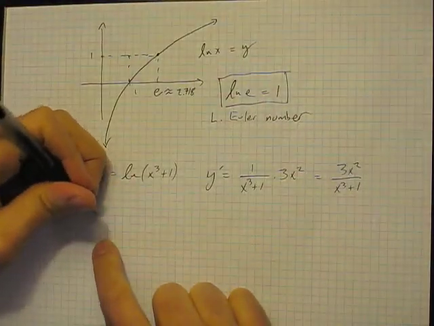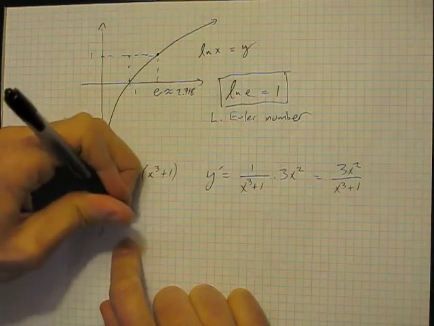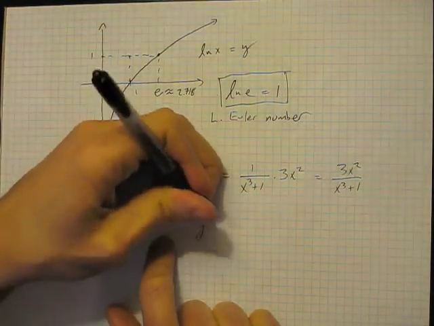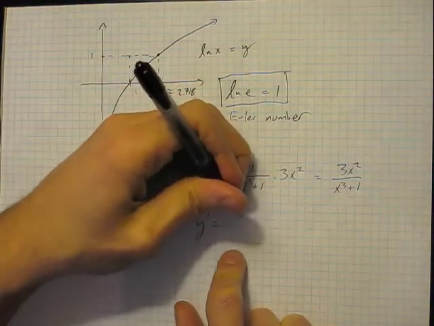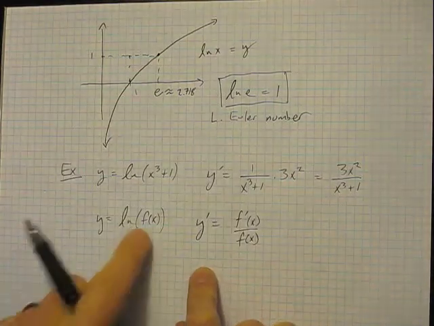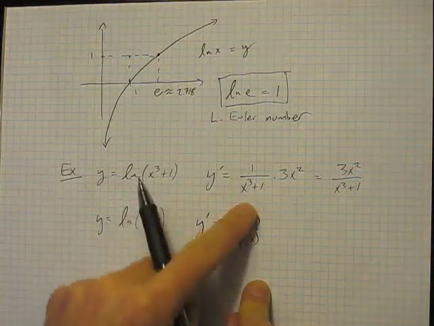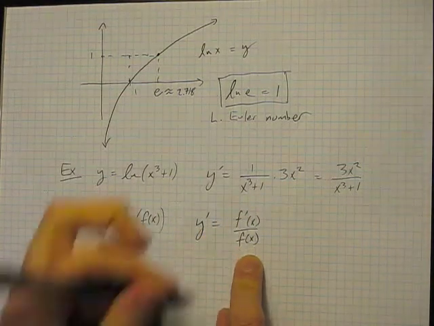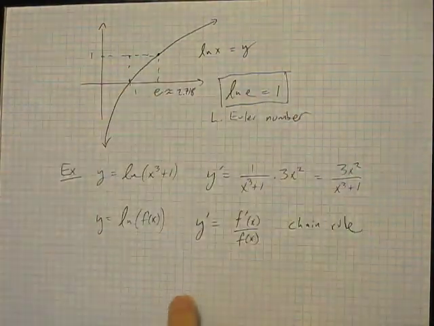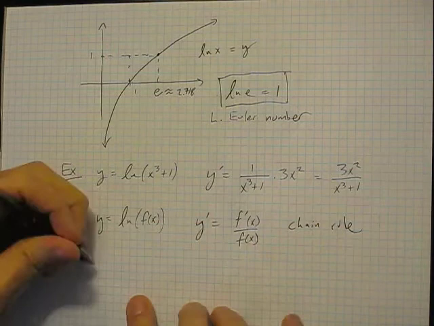In general, if y is equal to the log of any function, then its derivative is a fraction that looks like that. You take f of x, put it in the denominator, and multiply by the derivative of f of x. This is the chain rule applied to logs. Let's do another example.